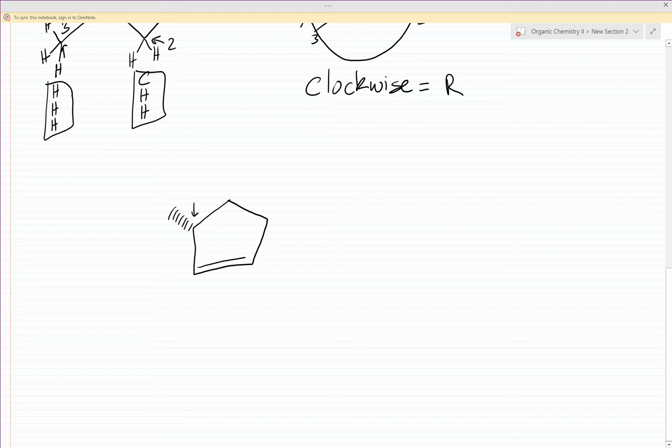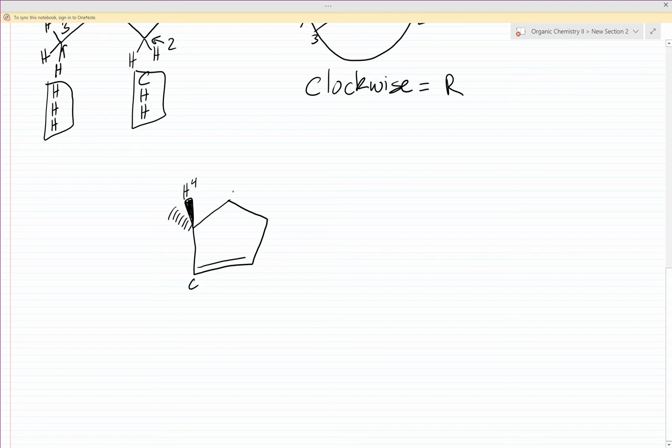It has 4 different attachments, and we need to rank them. We know that there is a hydrogen not drawn here, and it would be in the wedge position. Hydrogen's probably going to automatically get ranked as 4, like I said before, so we're going to stick with that. Then we're going to look at the other positions.